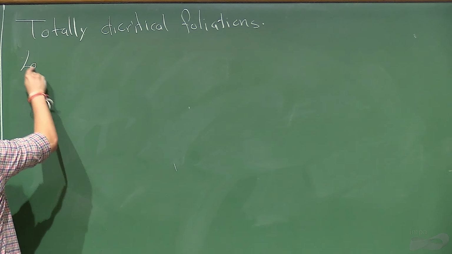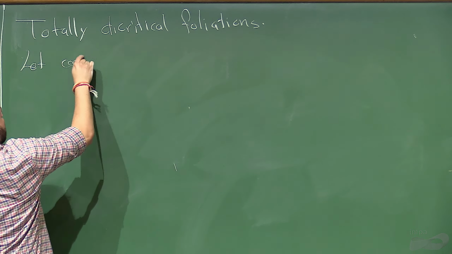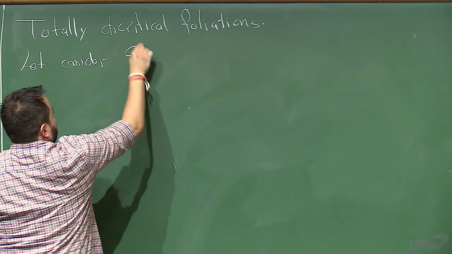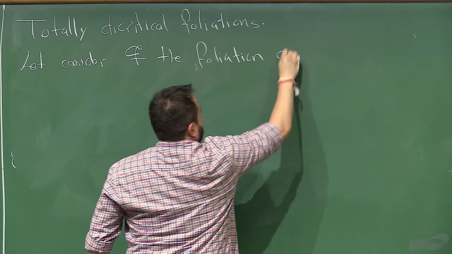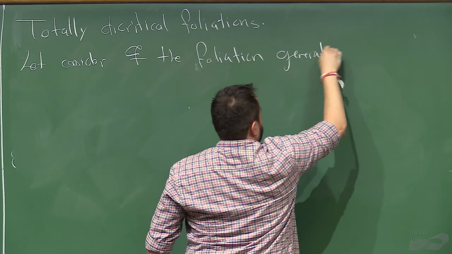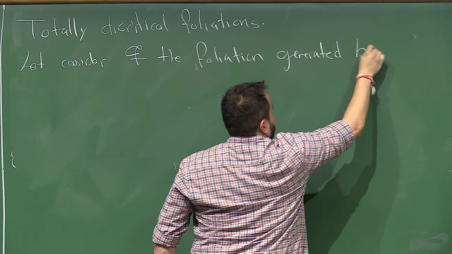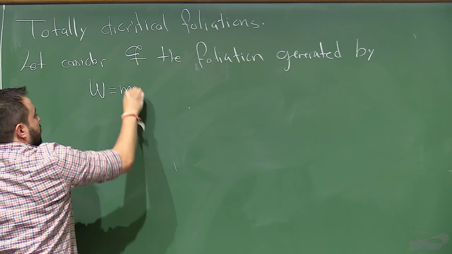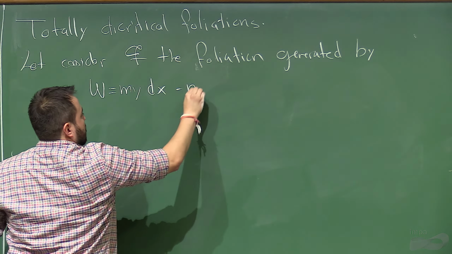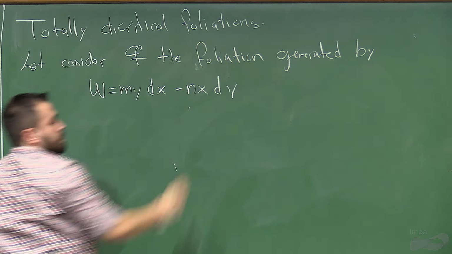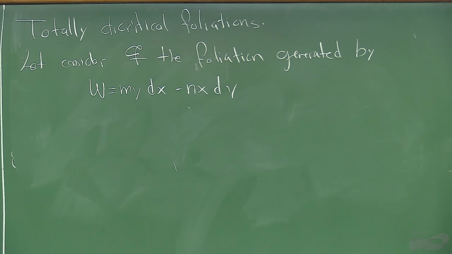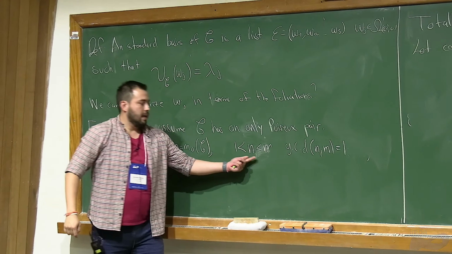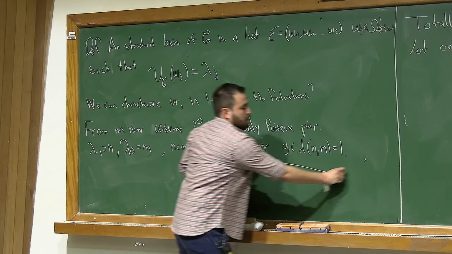So let's consider the foliation generated by this holomorphic one form, with n and m satisfying these properties.